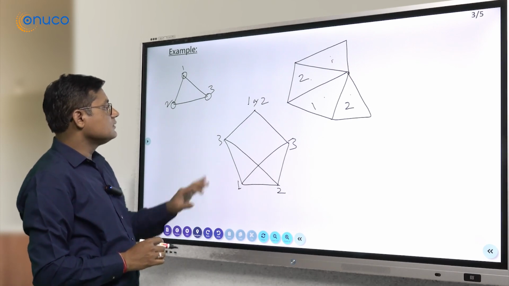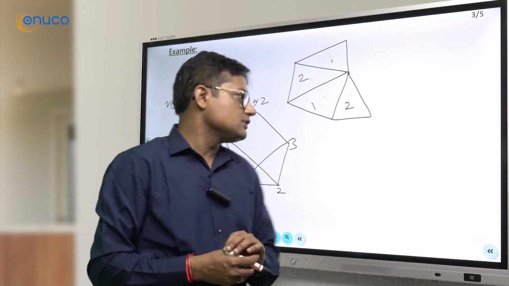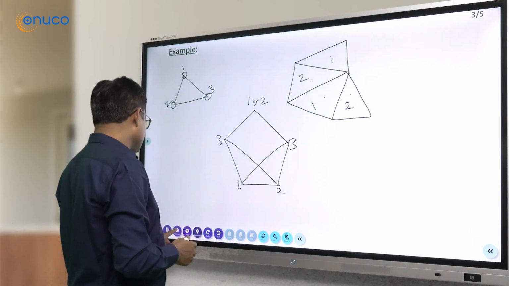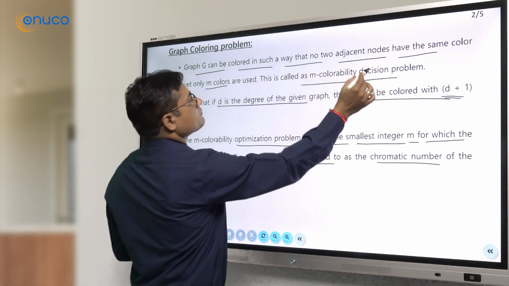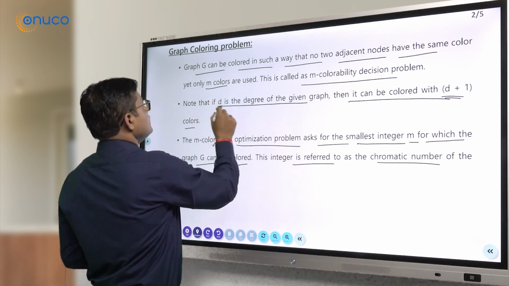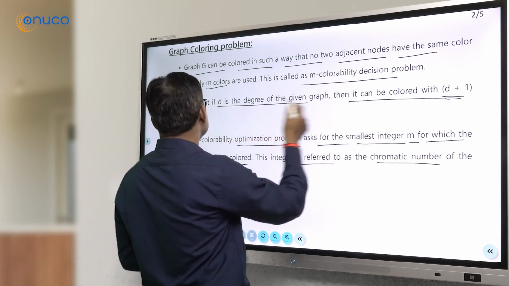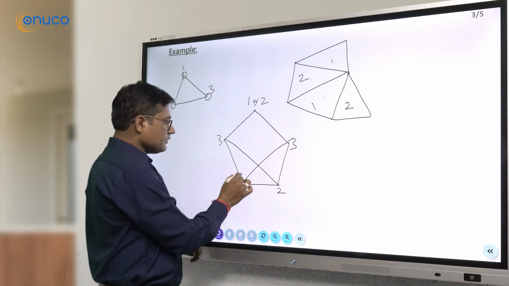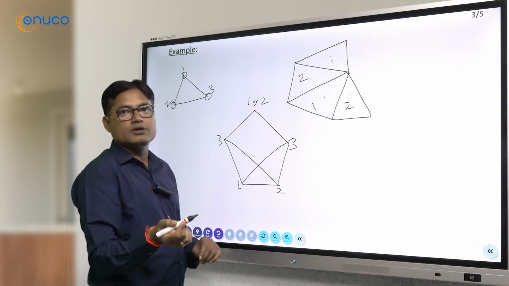But based on the given concept, if d is the degree of the given graph, then d plus 1 colors should be used. The degree of this graph is 3, so 3 plus 1, 4 colors to be used.